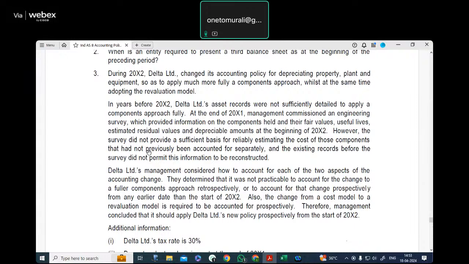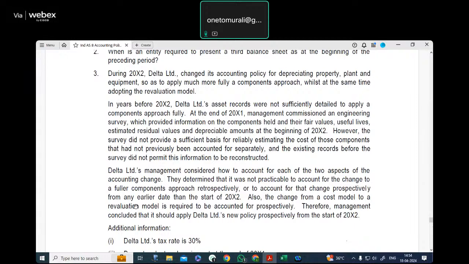At the end of 20X1, management commissioned an engineering survey which provided information on the components held and their fair values, useful lives, estimated residual values, and depreciable amounts at the beginning of 20X2. However, the survey did not provide a sufficient basis for reliably estimating the cost of those components that had not previously been accounted for separately, and the existing records before the survey did not permit this information to be reconstructed.